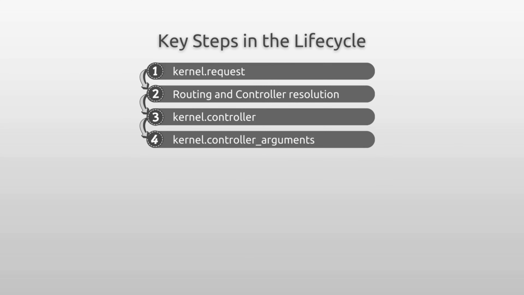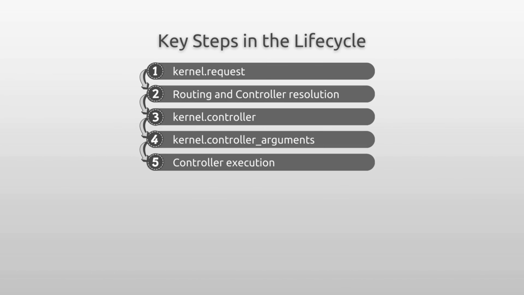Fourth, kernel controller arguments. Once the controller is selected, this event allows listeners to modify the arguments passed to the controller. Fifth, controller execution. The controller processes the request and usually returns a response object.